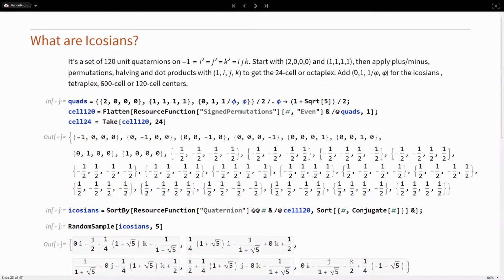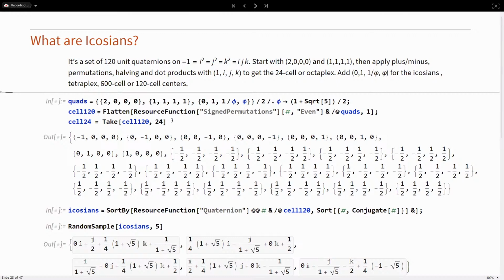And then if you add 0, 1, 1 over the golden ratio and the golden ratio, you get the icosians, the 120 icosians, the centers of the 120 cell, or the vertices of the 600 cell.